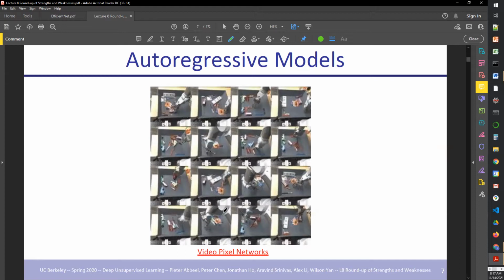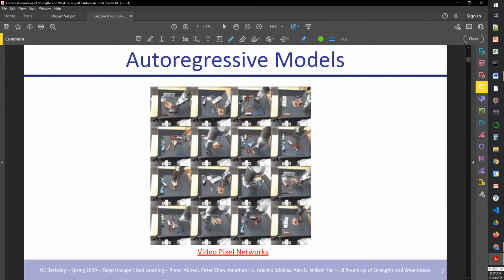And those are used as conditioning information for a PixelCNN decoder that then generates the next frame in the video pixel by pixel. And in a sense, this was again great progress because it was able to produce coherent videos of robots moving objects and so on.